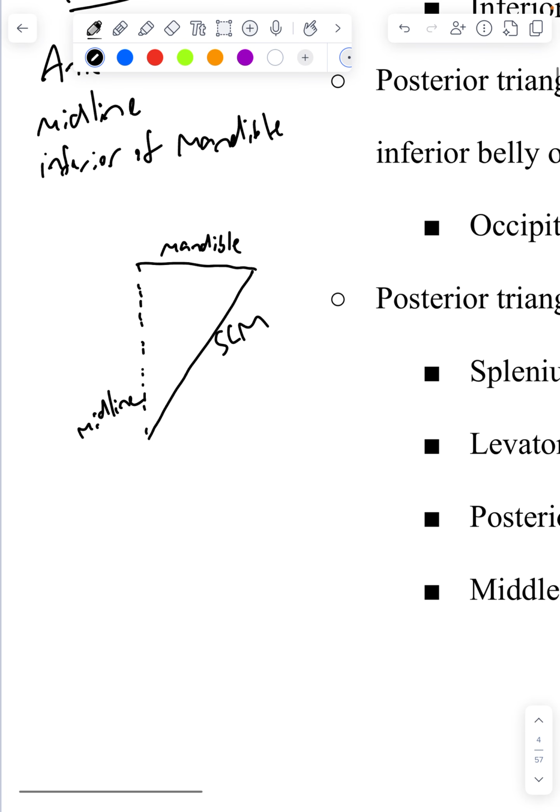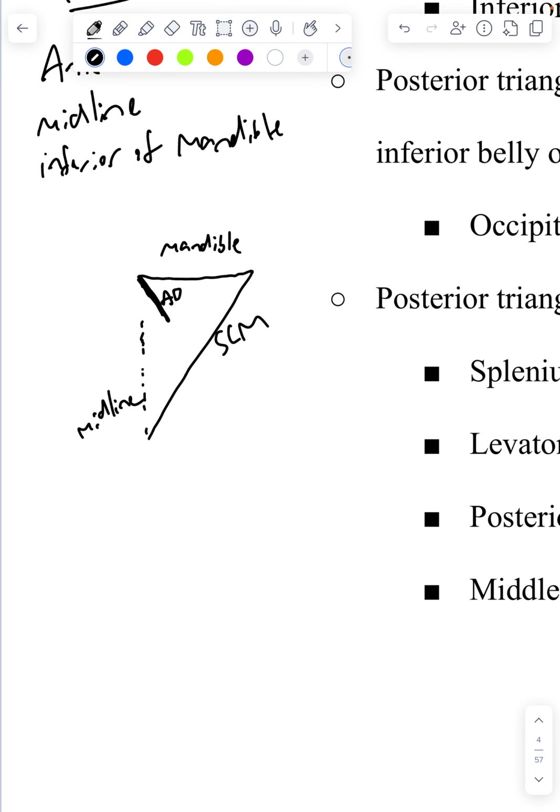First triangle we have, this one is unique because it actually is just one triangle. You don't have 2 of this triangle. It's just one big triangle, and it actually goes through the midline. So imagine this part of the midline wasn't here. So you have an anterior belly of digastric, so I'm going to say AD.